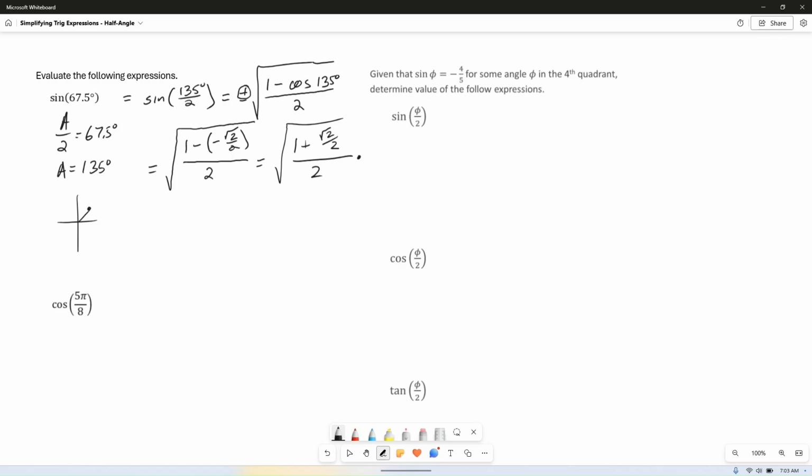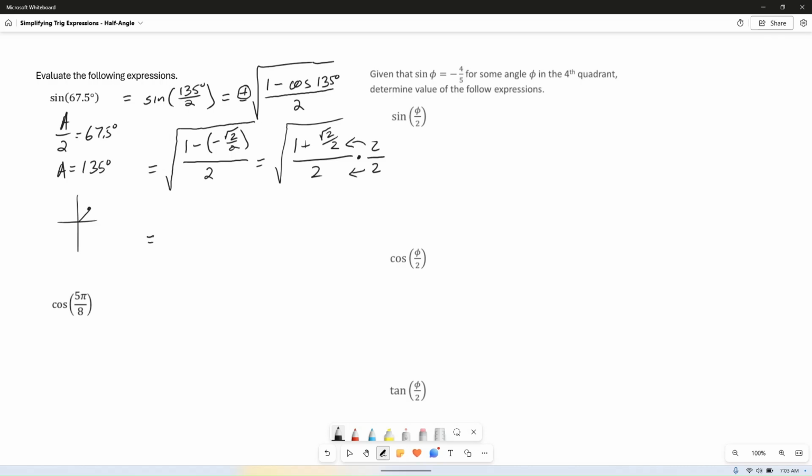Instead of using a 1, I'm going to rewrite that 1 as a 2 over 2. I'm going to take the top 2 and multiply it into the numerator of the big fraction, distributing it to the 1 and the square root of 2 over 2. And then I'm going to take the bottom 2 and multiply it to the other 2 in the denominator.